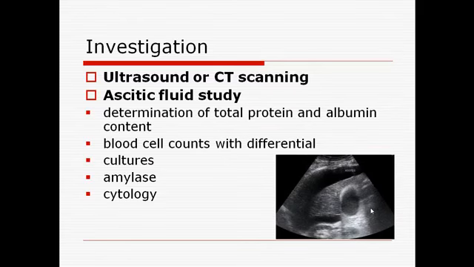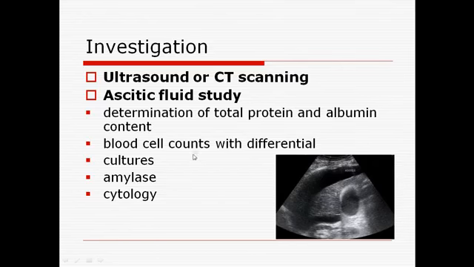How can we diagnose with the help of investigation? Ultrasound or CT scanning, ascitic fluid study, determination of total protein and albumin content, blood cell count with differentials, cultures, amylase, cytology.